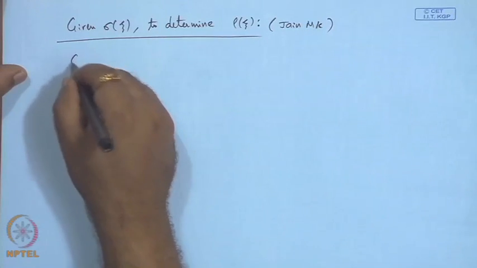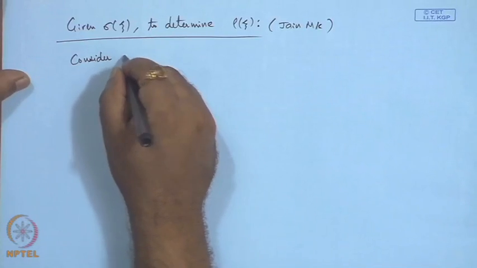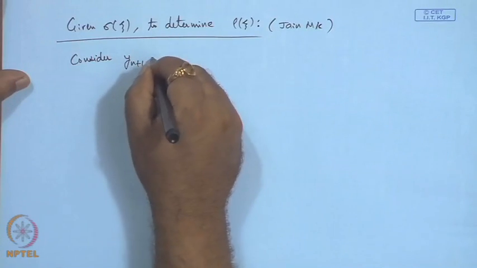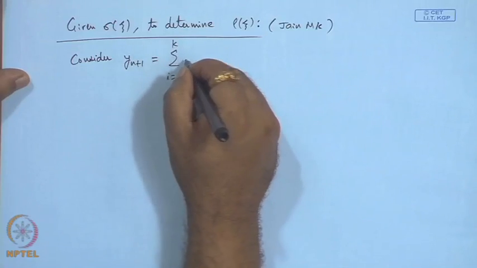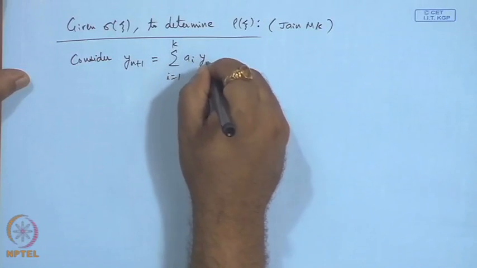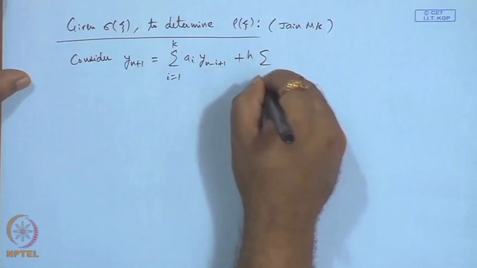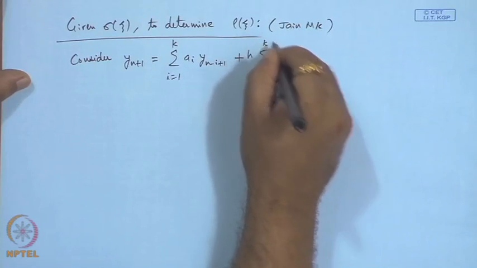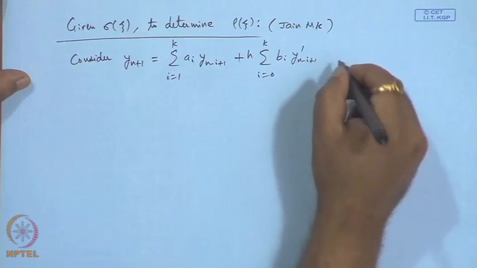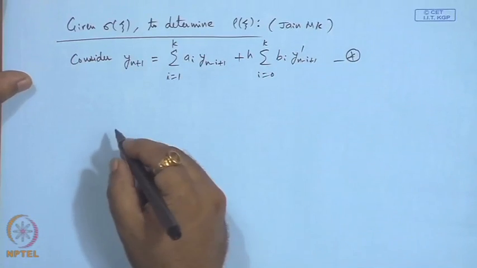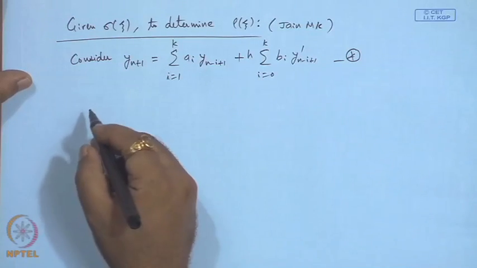Okay. So, consider this, so this is our general linear multi-step method, k-step method.